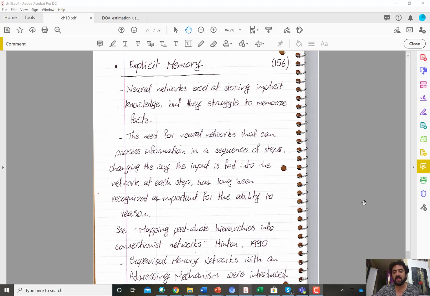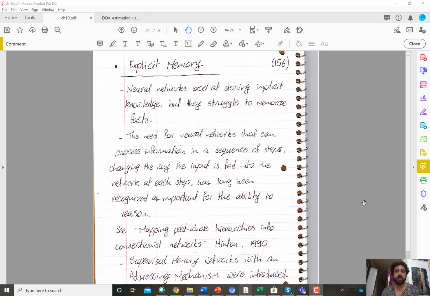Another is the ability to process the input differently at different time steps, right? And what that means is that, whether in training or during inference, you don't have to access the whole network at the same time.